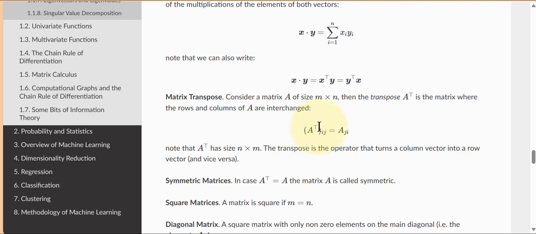Well, A transpose is a matrix, so you can put ij next to it. So when you do that, you're asking what is the ijth element of this matrix, and the answer is, given here, it's the jith element of the original A matrix.